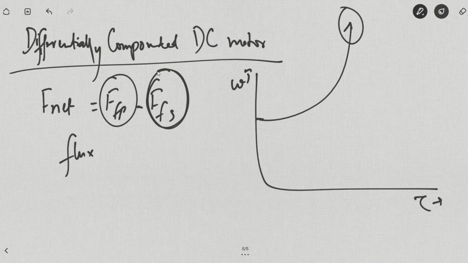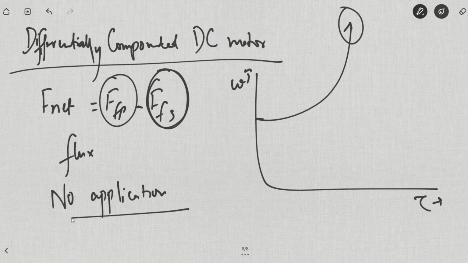It will also cause the motor windings to burn down because of the excessive heat produced because of the nature of flux in the system. So because of these characteristics of a differentially compounded DC motor, this type of motor is not used anywhere. It's not actually used intentionally.